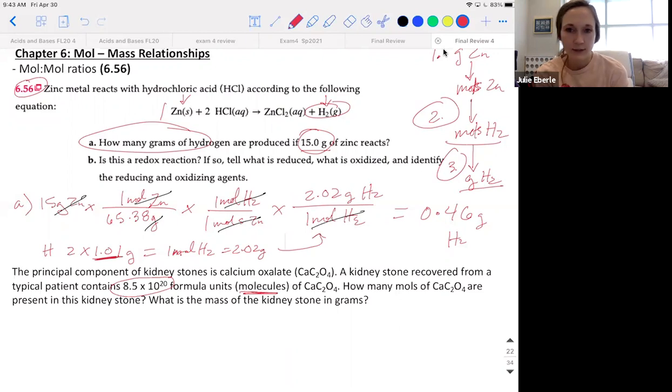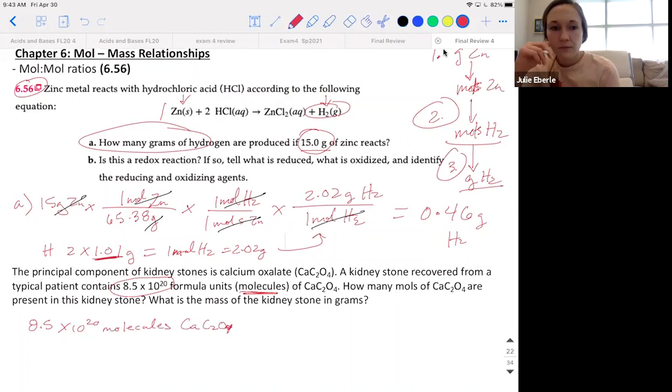What's the mass of the kidney stone in grams? So what we're given is that there are 8.5 times 10 to the 20 molecules of CaC2O4, calcium oxalate. And the first question is how many moles of calcium oxalate are present? How do we convert between molecules and moles?